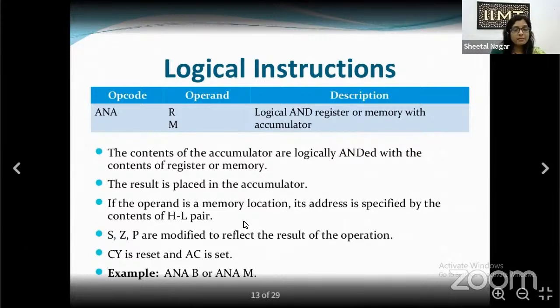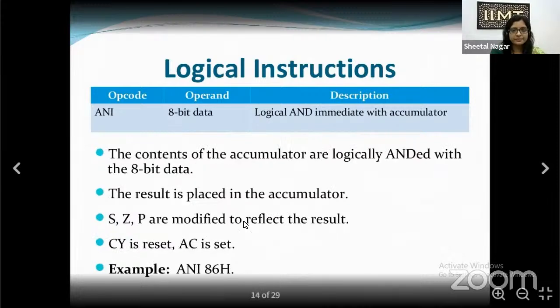In the next example, ANA M, the contents of the accumulator and the contents of the memory pointer, which is specified by the contents of the HL register pair, will be ANDed, and the result will be stored in the accumulator only.